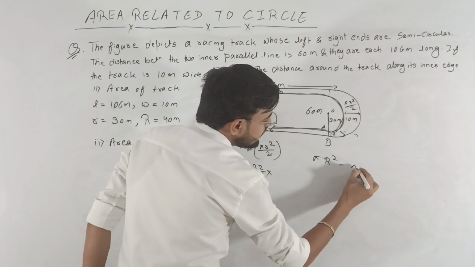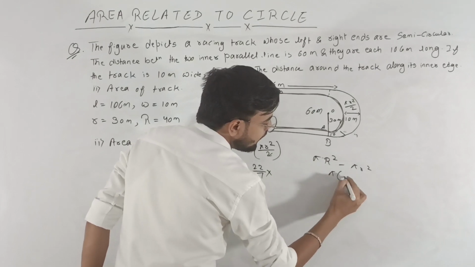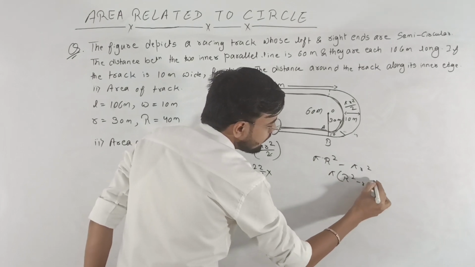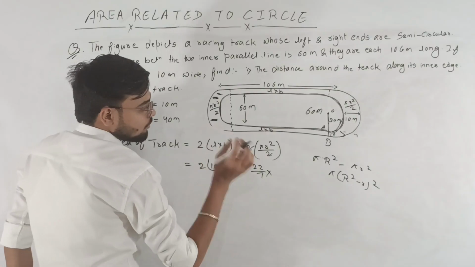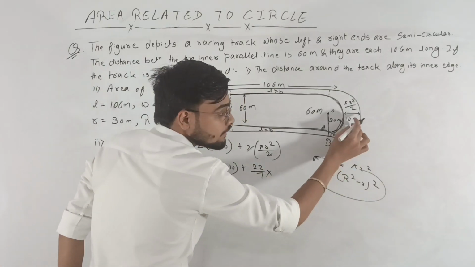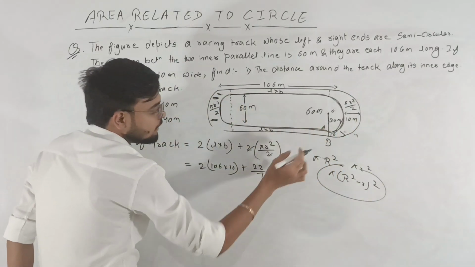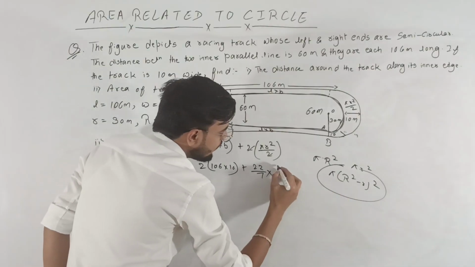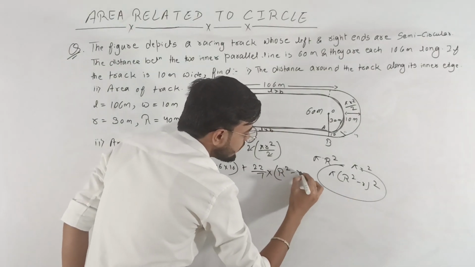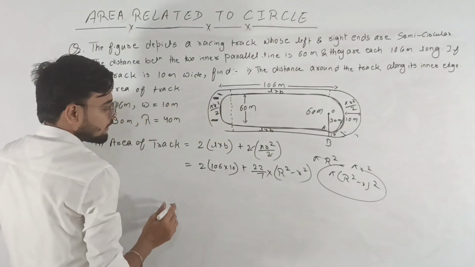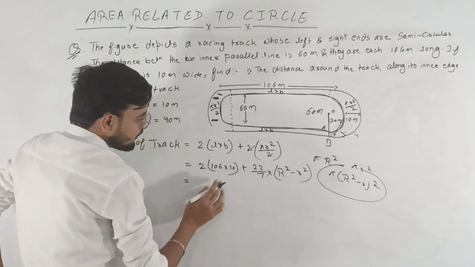So this is the area of this region and we have these two regions. So in place of r square we write R square minus r square. Now multiply this one.